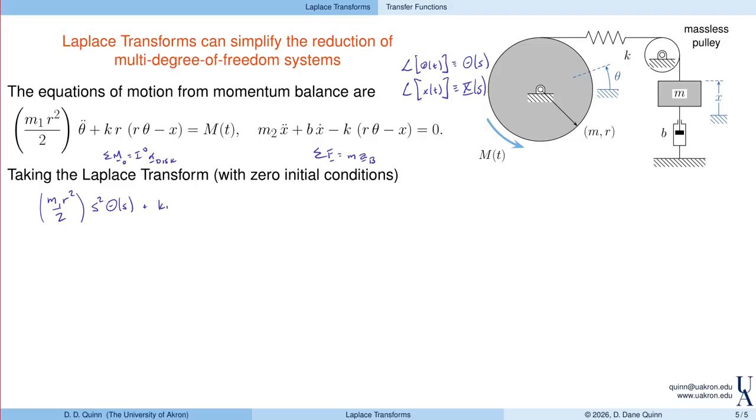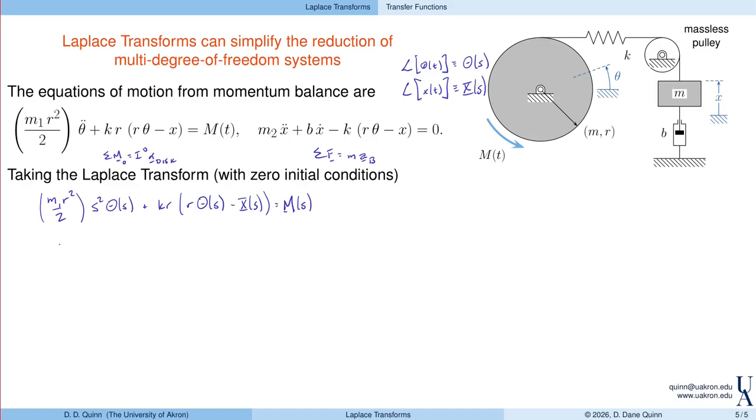And then we have k times r times capital theta again, and then capital X, the Laplace transform of x, equals M of s. This is going to be the Laplace transform of this excitation.